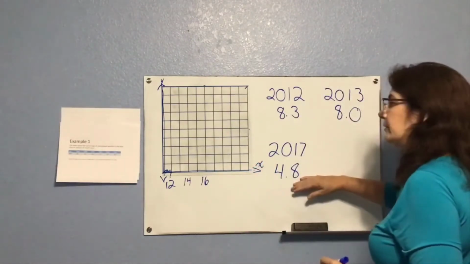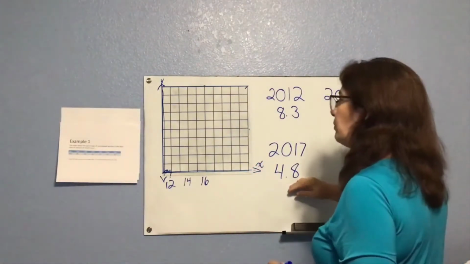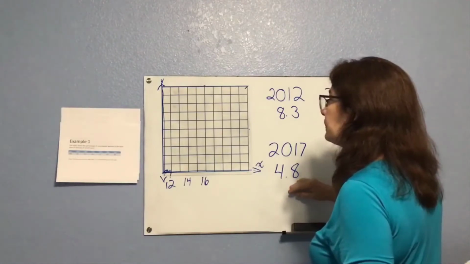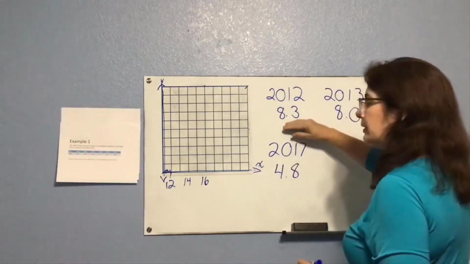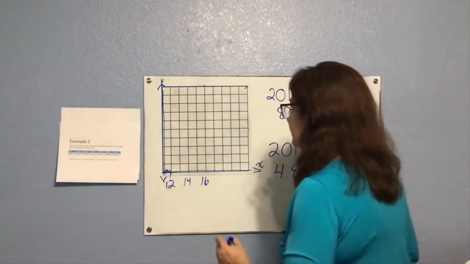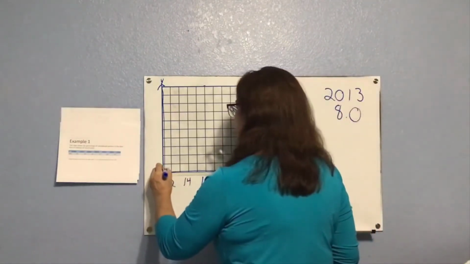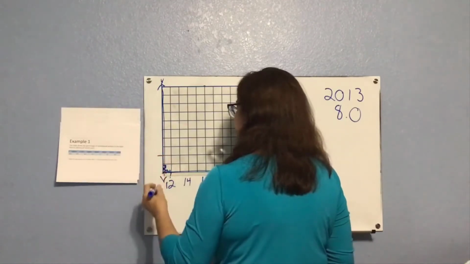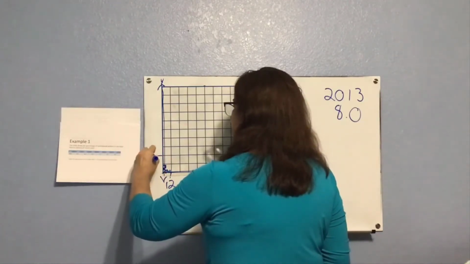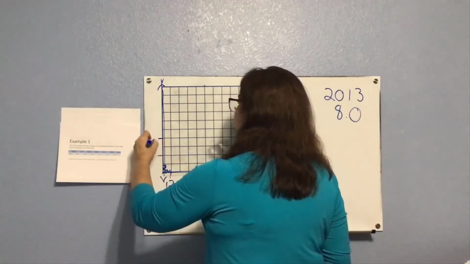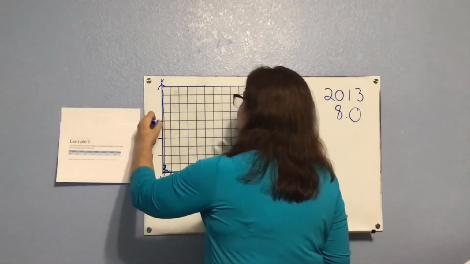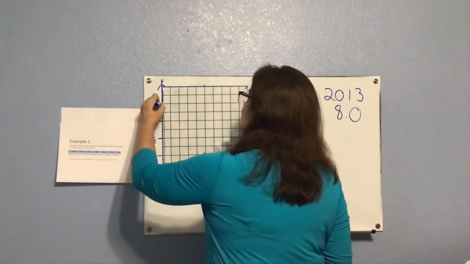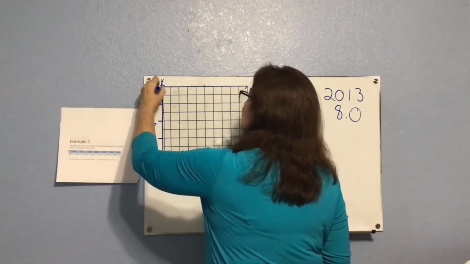Okay. My other numbers on the y-axis go from 4.8, that's the smallest one, up to the 8.3. So again, I'm going to put a little wiggly line here and just start this at 4. I'm going to do 5, 6, 7.